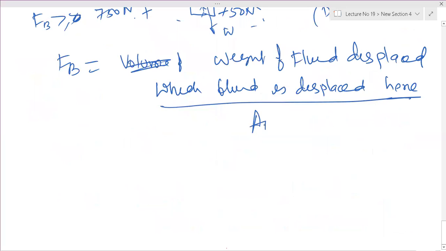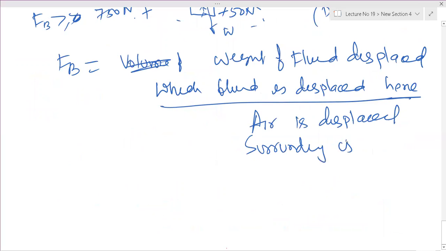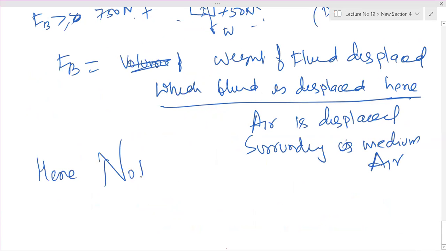It is air that is displaced. Surrounding medium is air. So here nothing to do with methane.